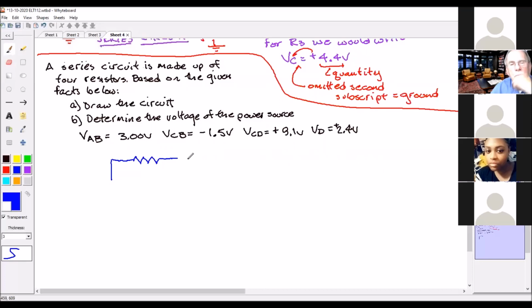What I would say is let's add the points. This is point A and this is point B, right? Yep. And then keep going. And then make another resistor. And then keep going. And then you're going to be at point C. Make another resistor.